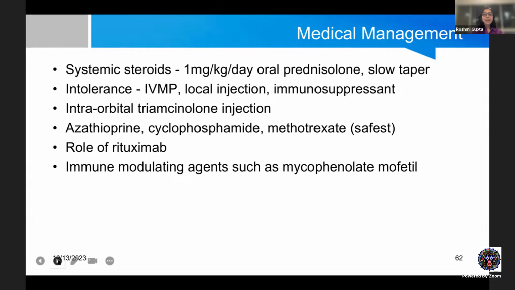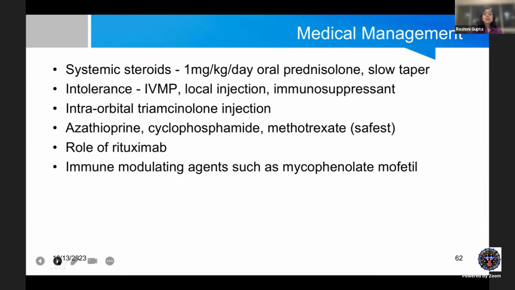Now, in spite of all this precaution, we will still have patients who are intolerant to steroids. So how do we get around it? Well, we could be doing pulse IV methylprednisolone. We can use local injection of triamcinolone as a supplement, and we can take the help of our rheumatology colleagues to put the patient on immunosuppressants.